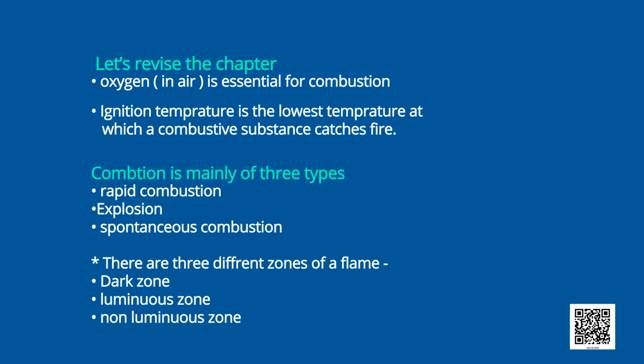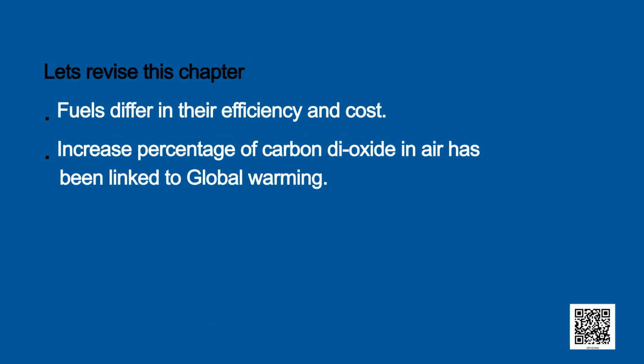There are three different zones of a flame: dark zone, luminous zone, and non-luminous zone. Fuels differ in their efficiency and cost. Increased percentage of carbon dioxide in air has been linked to global warming.